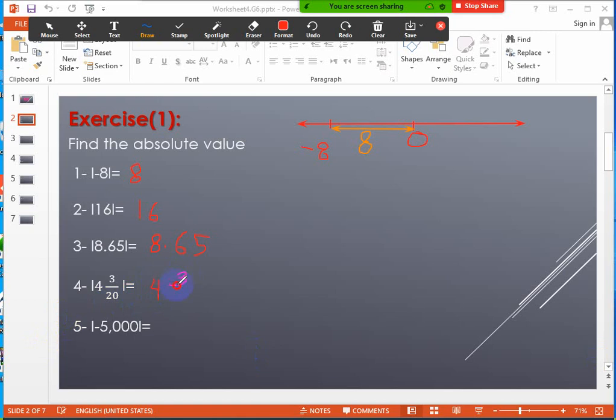Thank you. Now, Tolin, the absolute value for negative 5,000. 5,000, the same number but positive. Yes, thank you, Tolin.